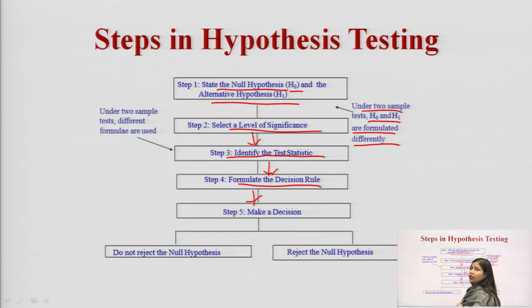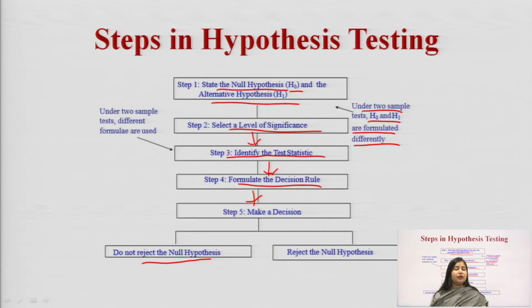After doing this, you collect the data and apply the test statistic, and at the end the result will show that you are either going to accept or reject the null hypothesis. If you accept the null hypothesis, it means you are rejecting the alternative hypothesis. Suppose with the level of significance there is too much error, or the probability is higher than the level of significance, it means our hypothesis will be disproved.